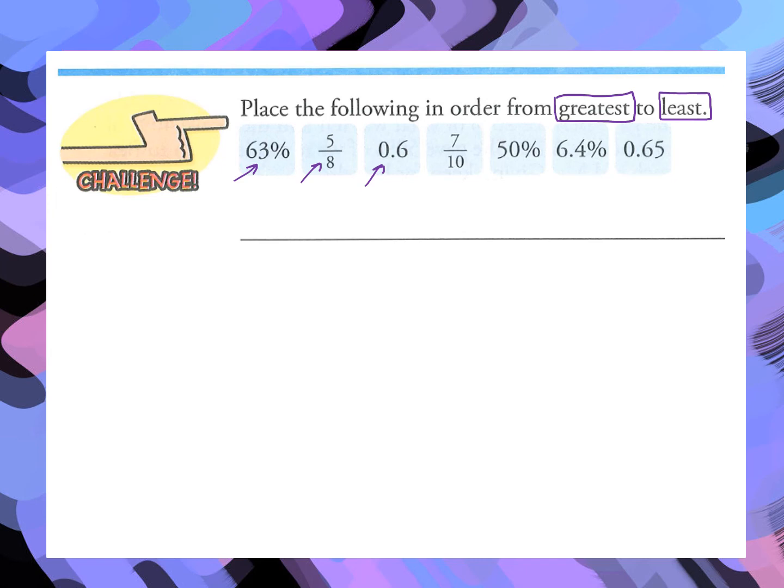Now, the easiest way to sort will be if you change them all to percentages. And the reason I say that is because this is already a percent, this is already a percent, this is already a percent. And then you have 3 that are very easily changed to percents. So change all of these to percents and then put them in order. Pause the video, solve this problem, unpause the video to check your answer.